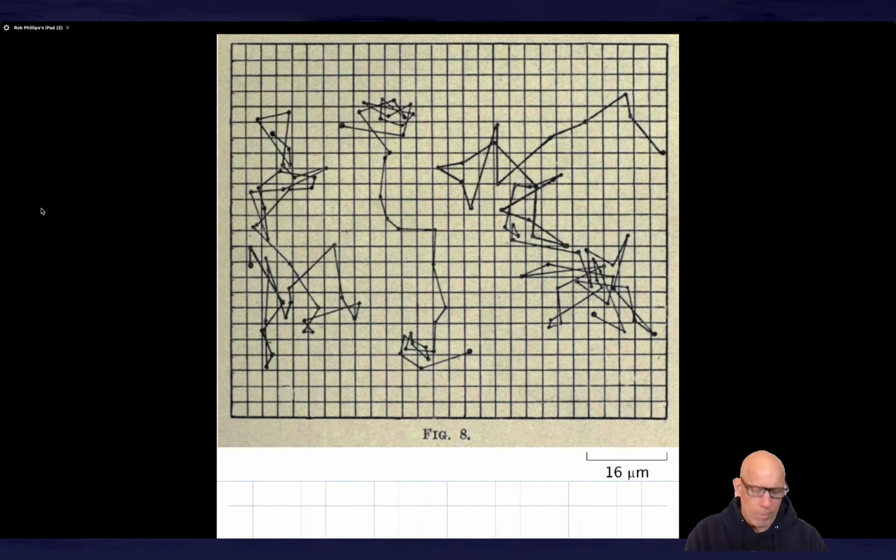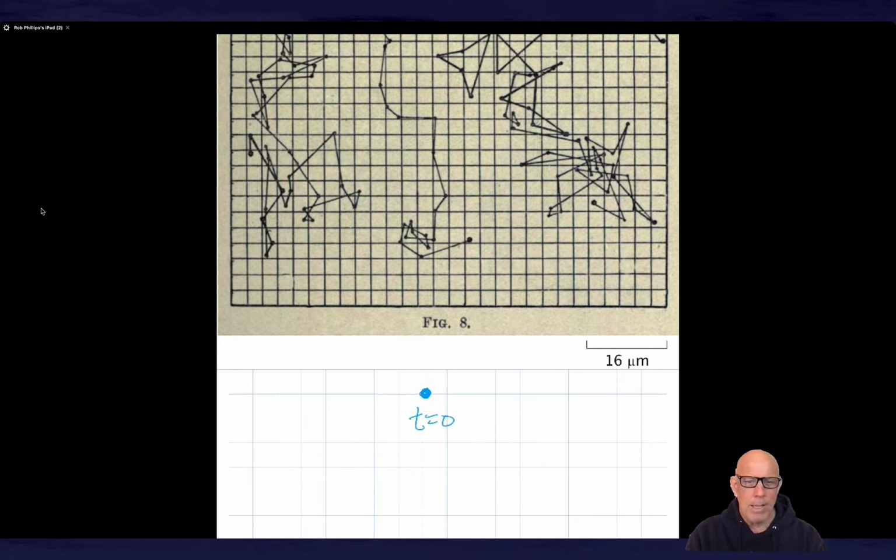If you hearken back to the last vignette, you'll remember that I introduced the work of Jean Perrin, who was this French scientist that did microscopic observations of the Brownian motion of various kinds of particles. The thing I'm going to try to push here is that we have our random walker, and this is at t equals 0. For the moment, I'm going to think about just a one-dimensional diffusion problem, 1D diffusion.